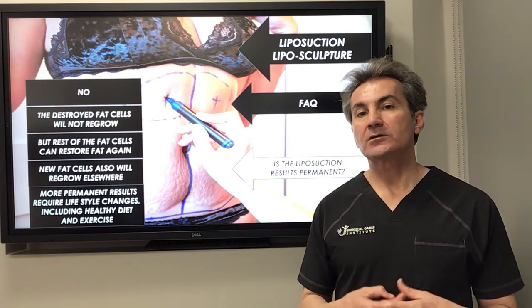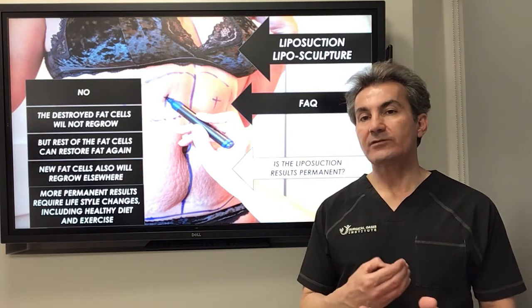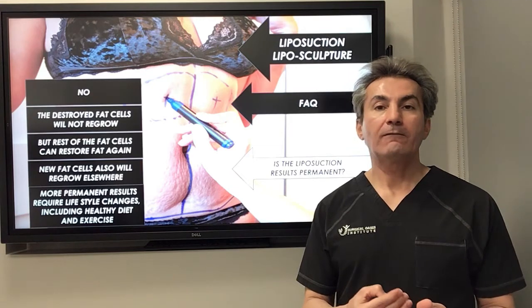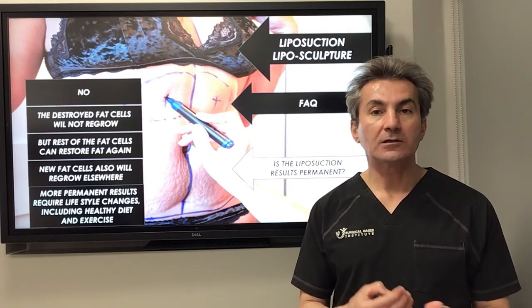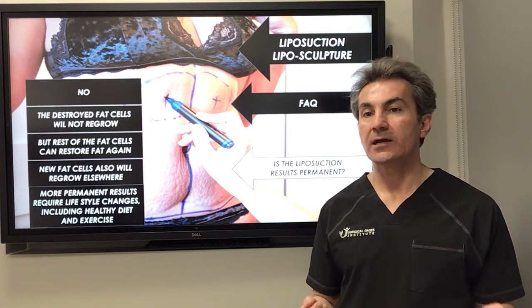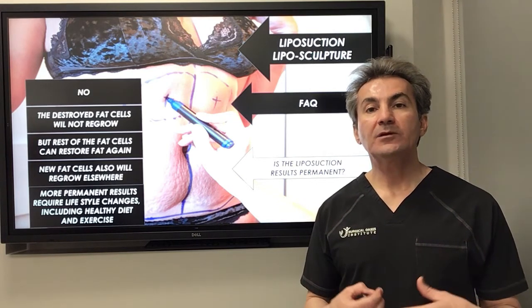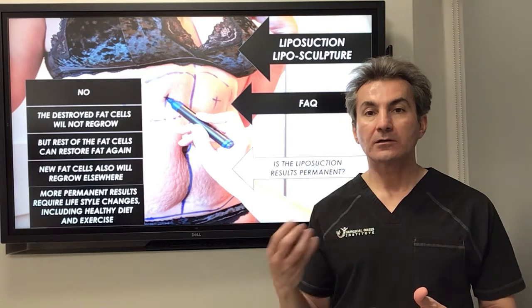So that's why it's very critical for patients after the surgery to keep their weight at the same amount, follow a very healthy diet and exercise routinely and regularly in order to keep the results in the longer term.